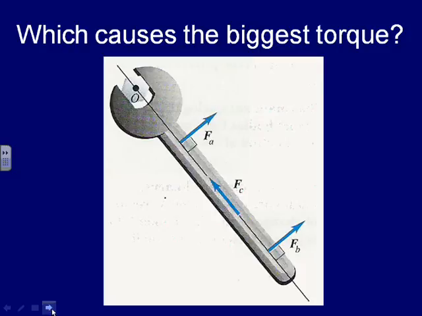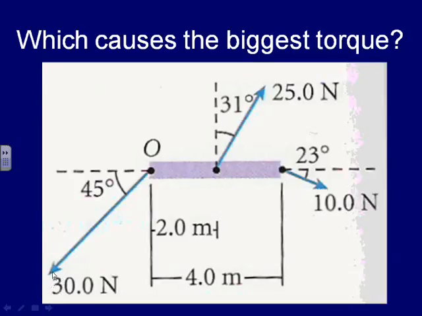So, here, multiple forces, right? Which force causes the biggest torque? It's got three forces and a couple different angles, right? There's one force out of these three that we can eliminate right away.